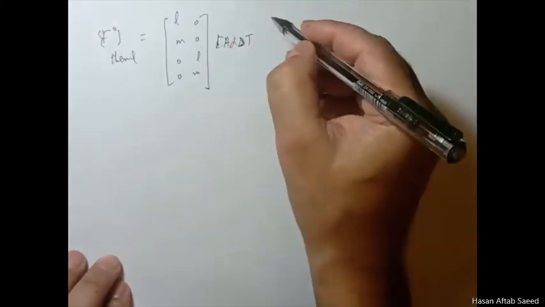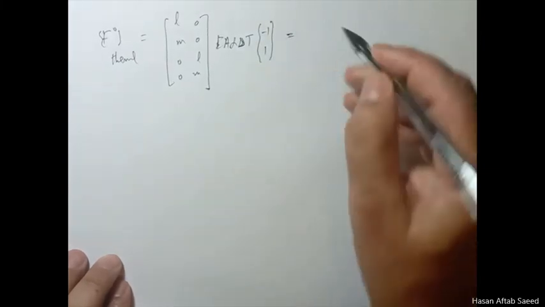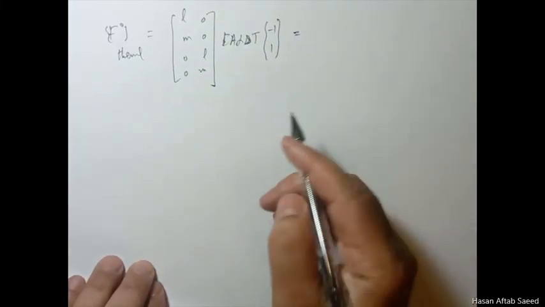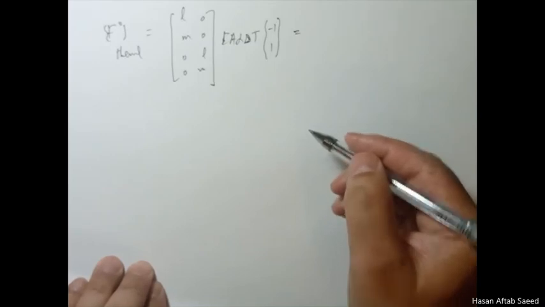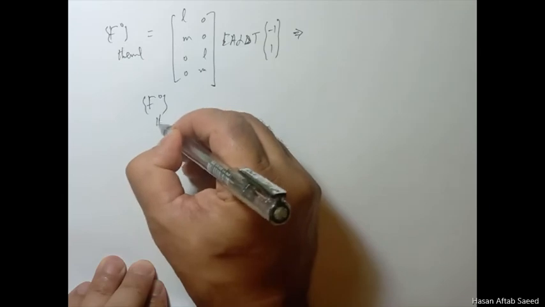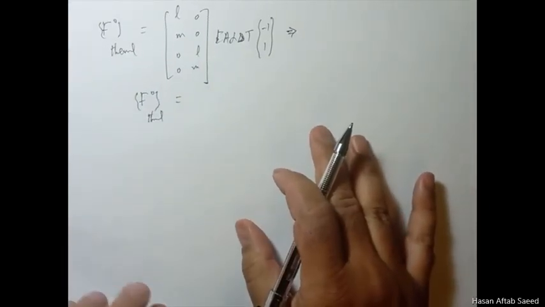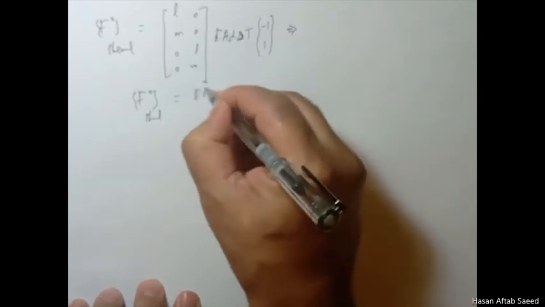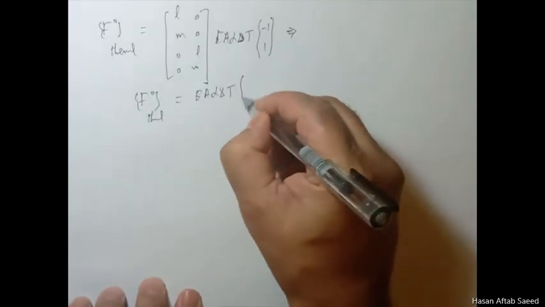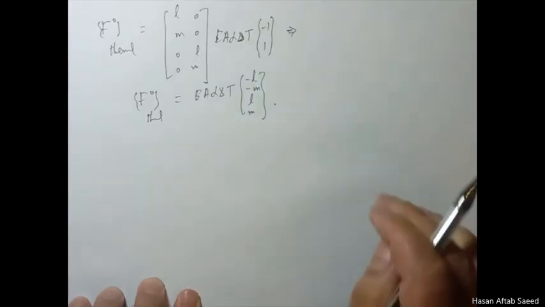This should get us the global: minus 1, 1, which turns out to be minus L, minus M, L and M.